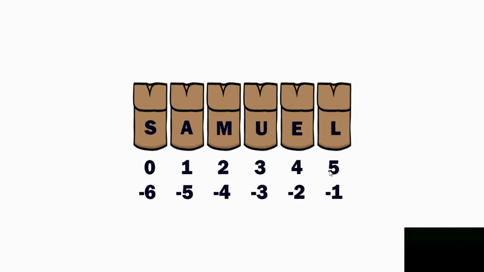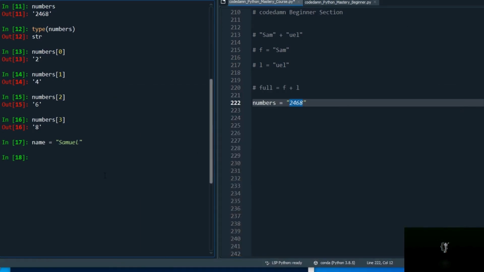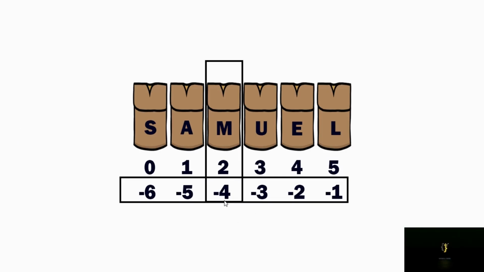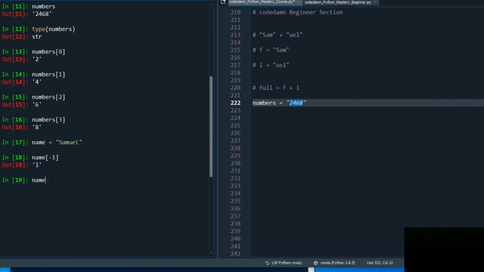If I just say I want the last item in however long this is, name -1, I get L. Boom. If I want the -4th index, 1, 2, 3, 4, -4 will be M. So boom, I get M. So we need to talk about that for a second.